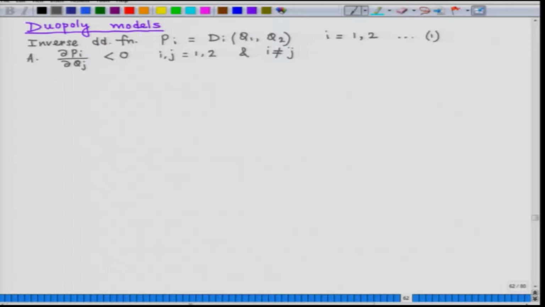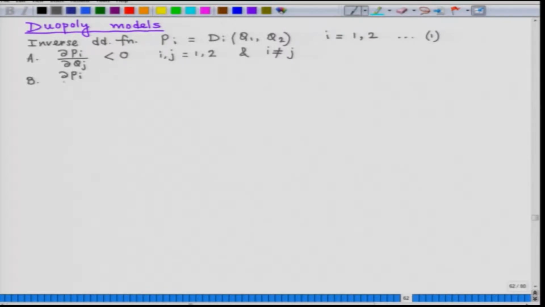So, what does that mean? That means that if the jth firm increases its output or market supply, then that has a negative impact on the ith firm's price.